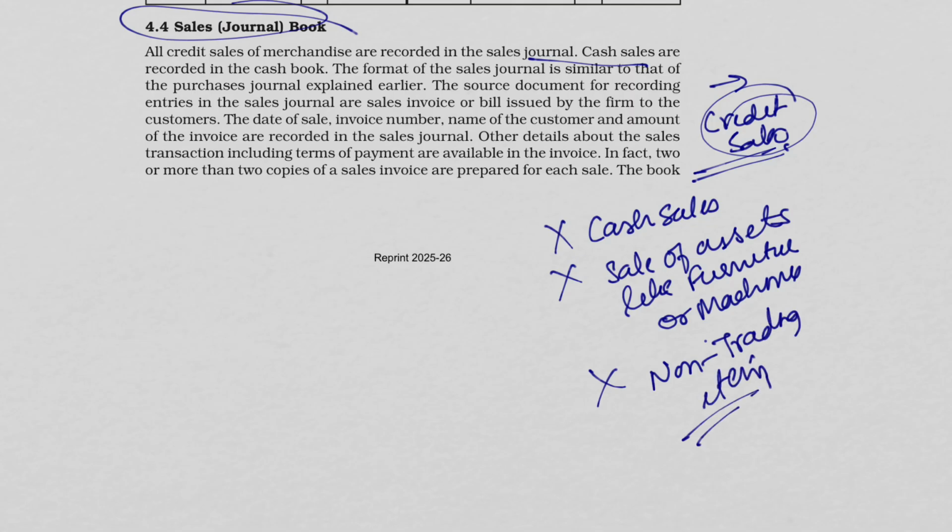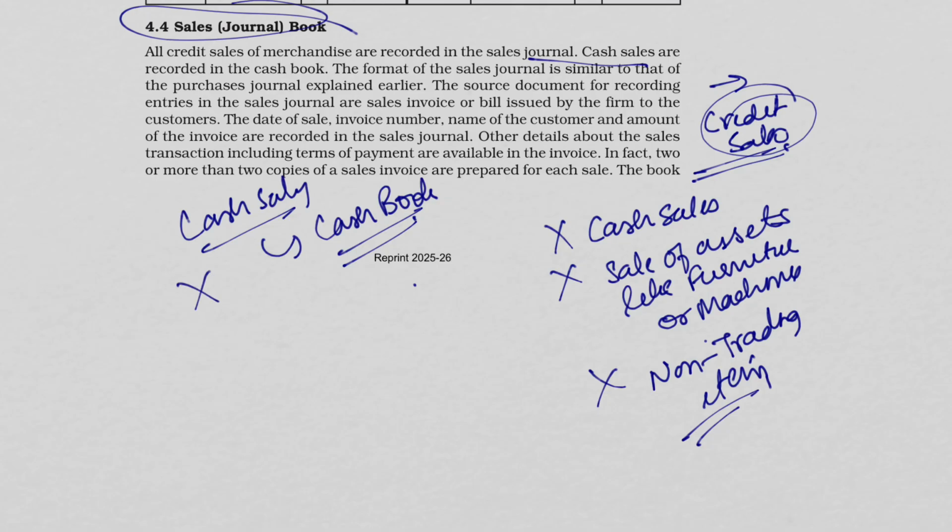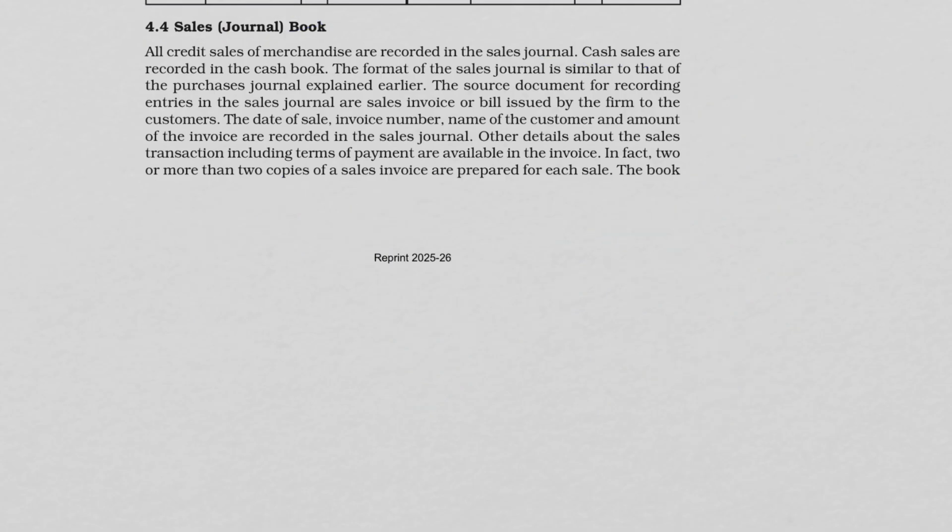So ask yourself, why only credit sales? Because cash sales, we know, are already recorded in the cash book. Sale of assets is not a regular trading activity, so it's a capital transaction. Such entries are recorded in journal proper. So sales book is meant only for recording credit sale of goods that the business normally deals in.